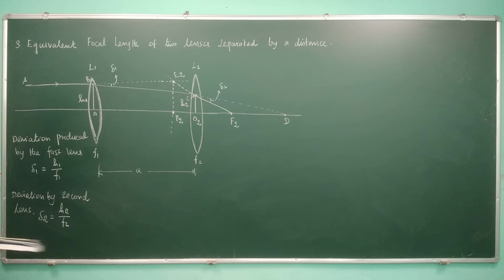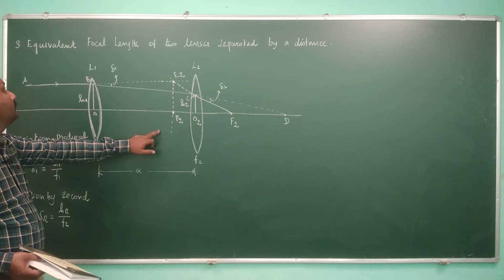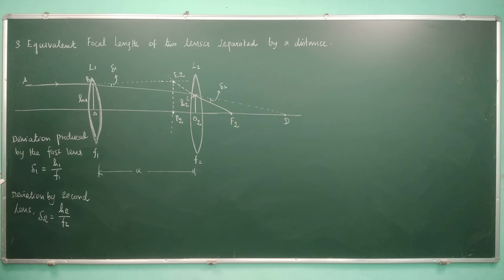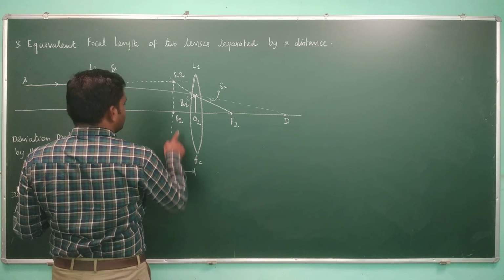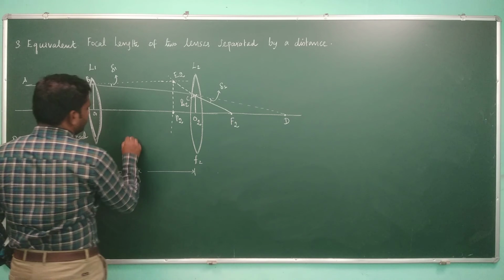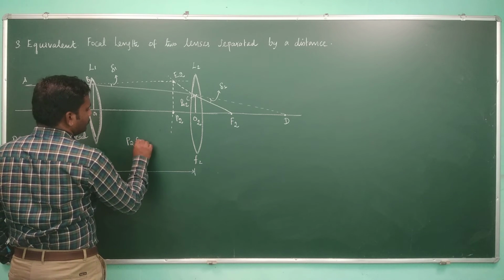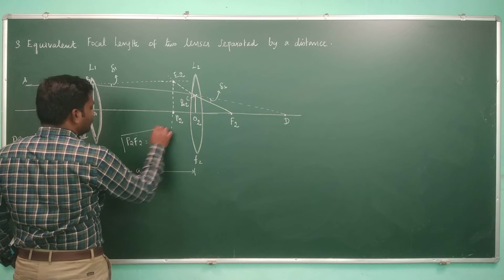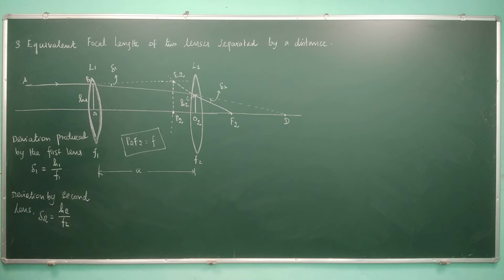Now we need to calculate the focal length of this equivalent lens. This distance P2F2, the capital F, is said to be the equivalent focal length of the lens system. We need to calculate an expression for this F.